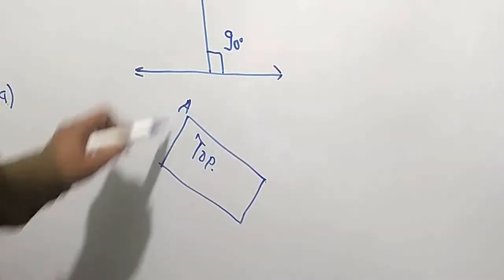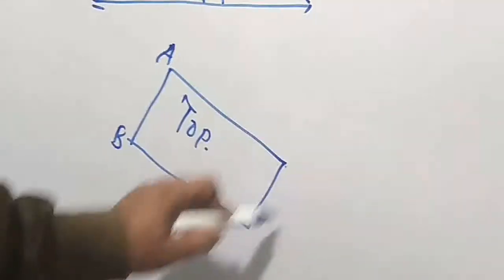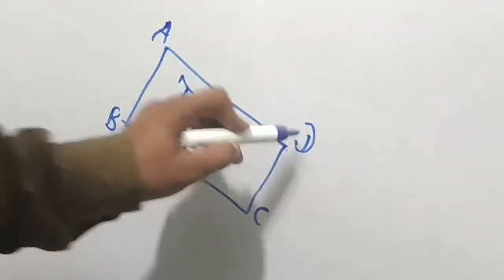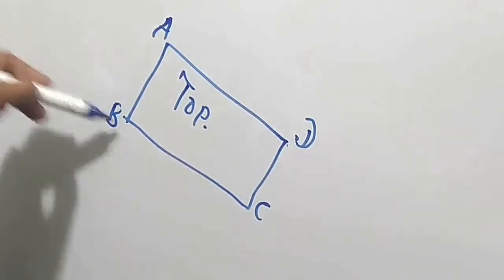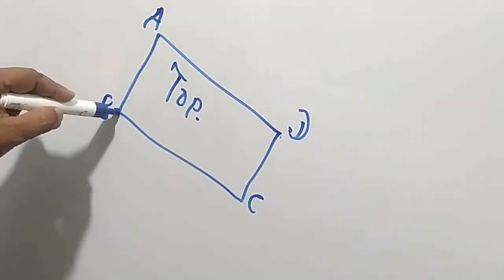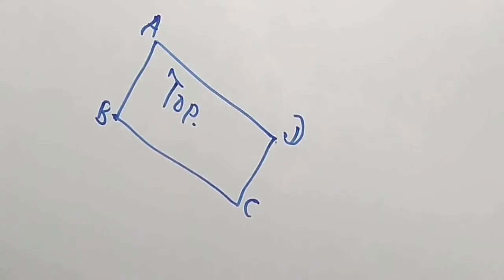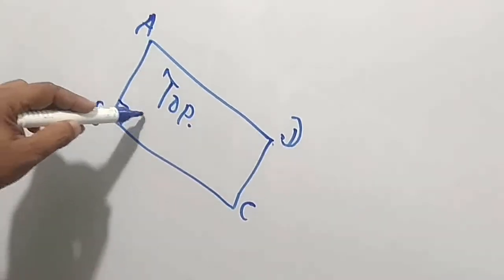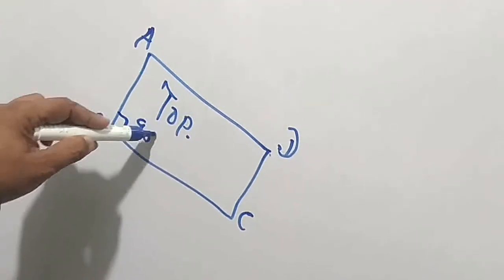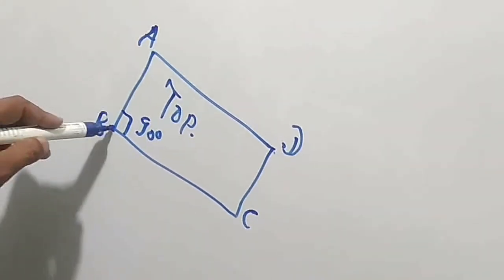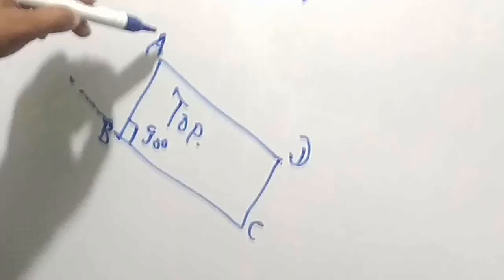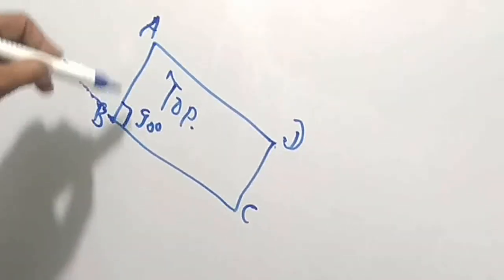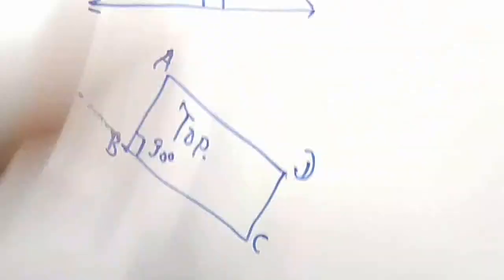Suppose this is A, B, C and D. AB and BC both have the common vertex B, and here it creates an angle of 90 degrees. Suppose we extend this, it creates an angle of 90 degrees and it looks like perpendicular lines.